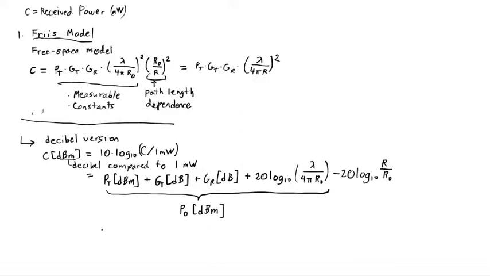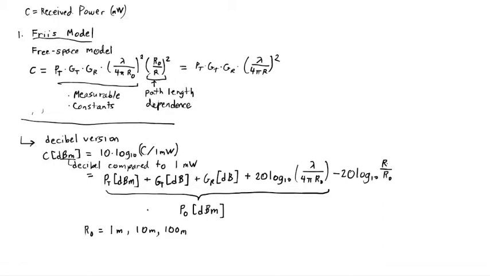My reference distance, if I take R0 to be something of a distance I can measure the received power, like 1 meter away from the transmitter, or 10 meters away from the transmitter, or if I'm talking about cellular base stations that are transmitting over several kilometers, I might even take R0 to be 100 meters. And then all of this other dependence is just on the range between the transmitter and receiver.